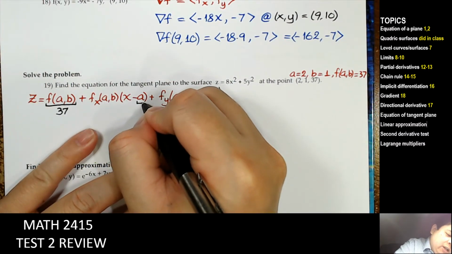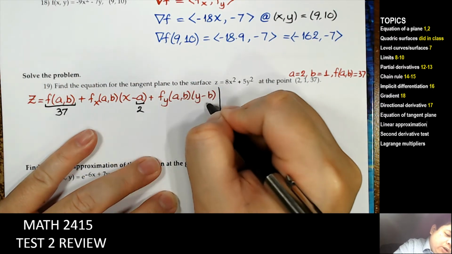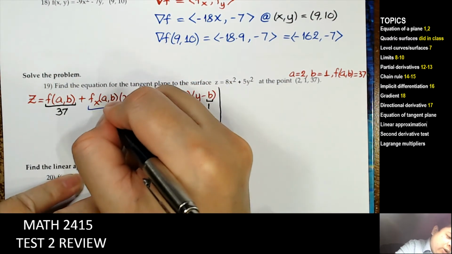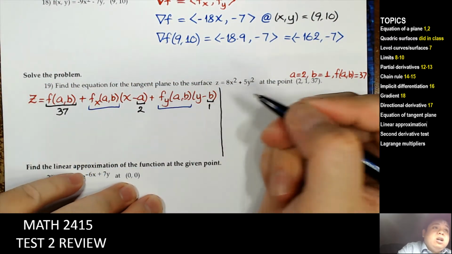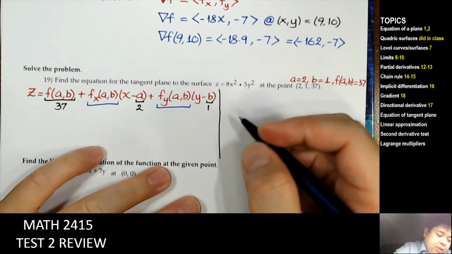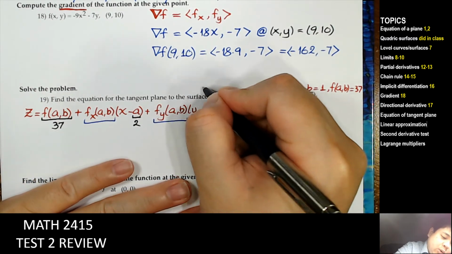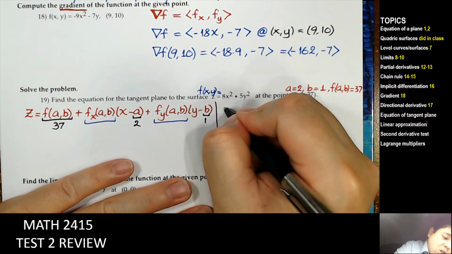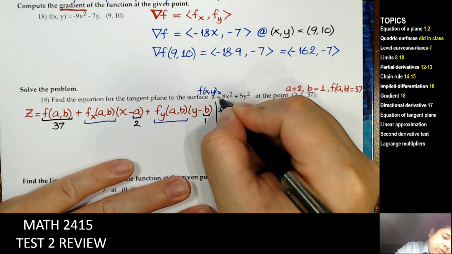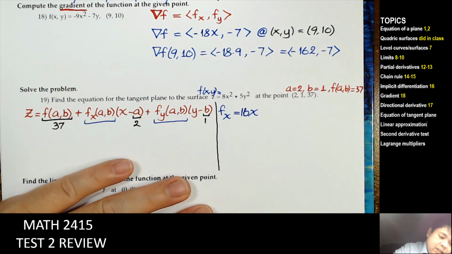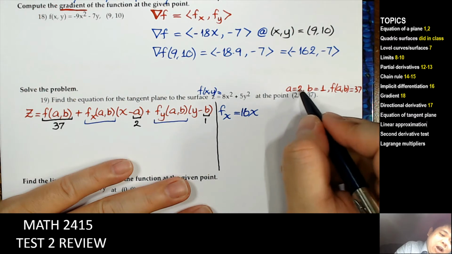The point A here is 2, B is 1. We need to find the partial derivative with respect to x and the partial derivative with respect to y. Those two will be determined, while x and y, the variables, will stay there. So we have the function z, or we can say f of x, y. If we take the derivative with respect to x, it will be 16x, and we evaluate at 2 and 1.